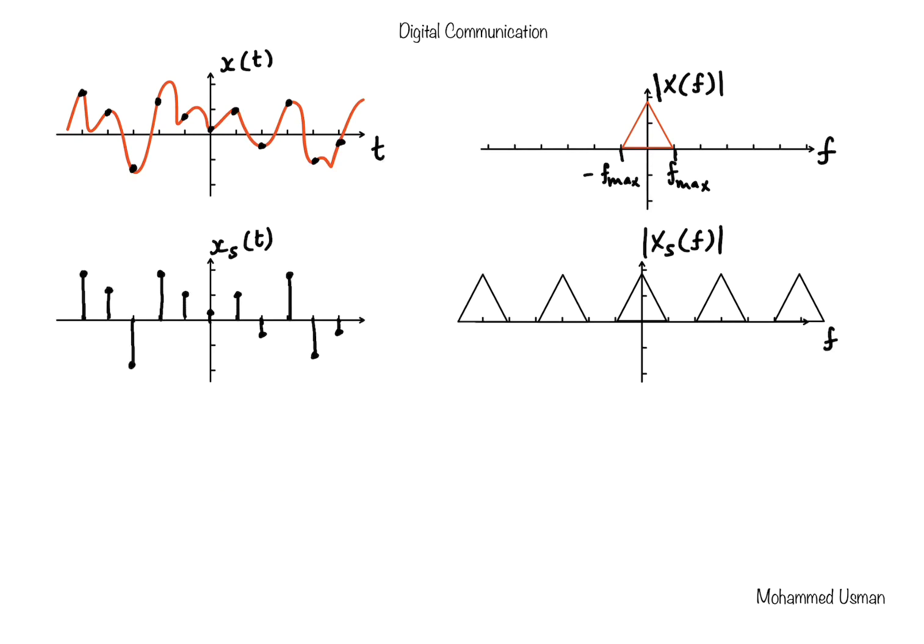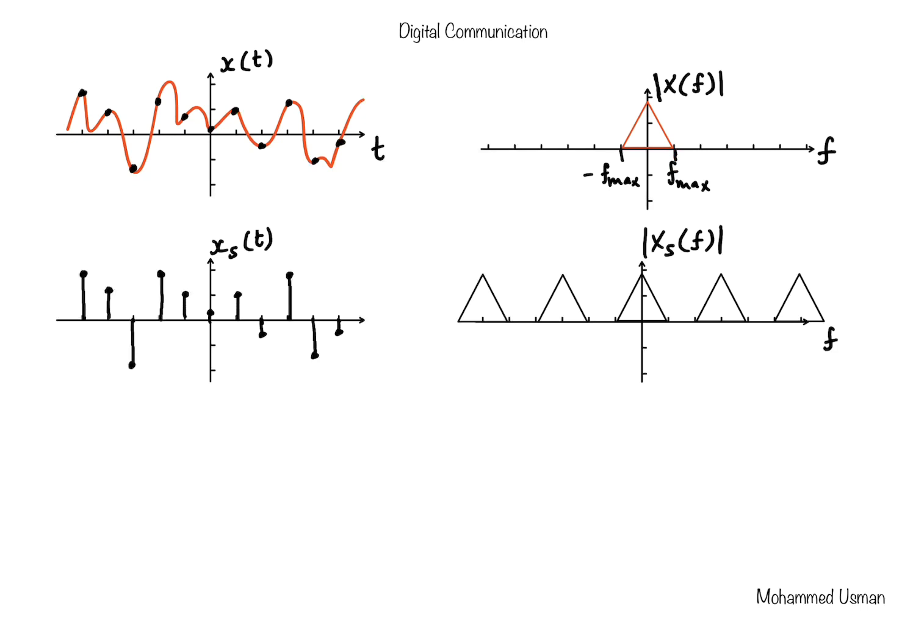Consider the signal here, x of t, which is the continuous signal given by this red waveform, and we have plotted its magnitude spectrum. The spectrum shows that the maximum frequency present in this signal is a certain f max. That means the highest frequency component in the signal is f max.